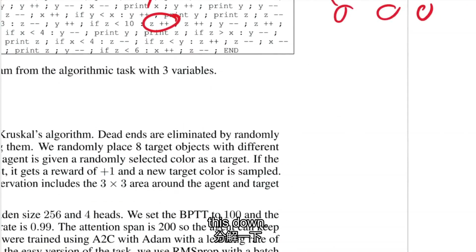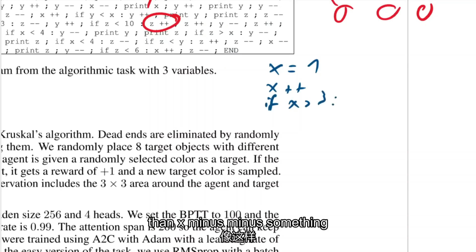Let's break this down. Let's say we have this text: x equals 1, x plus plus, and then, let's say, if x greater than 3, then x minus minus, something like this.